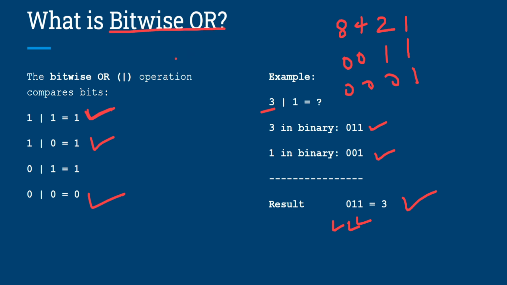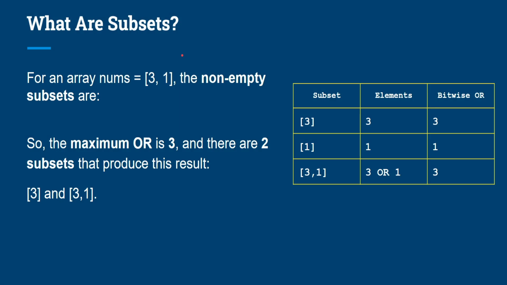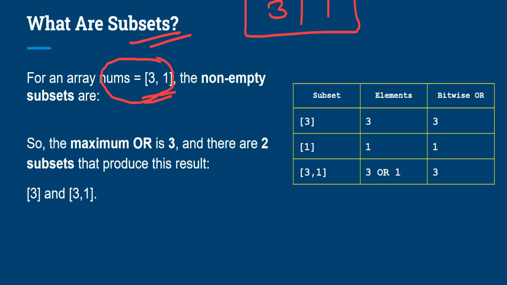Okay, let's understand what the subsets are. For any array nums, we have 3 and 1. So what are the non-empty subsets? This is an array, we have two elements, at index 0 and at index 1.